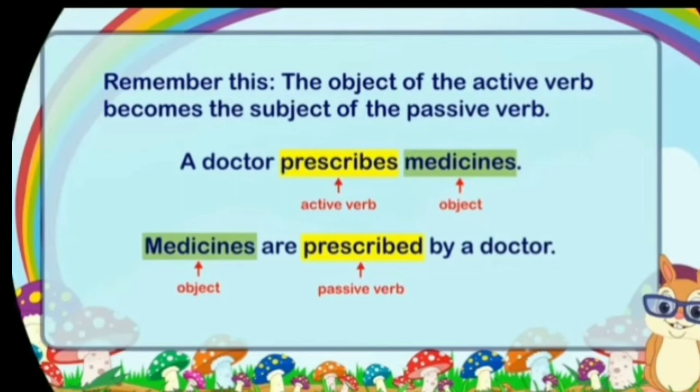Because medicines is a plural subject, we put the helping verb are. The past participle form of prescribes will be prescribed. We'll put the preposition by and the object. So the passive voice of the same sentence is medicines are prescribed by a doctor.